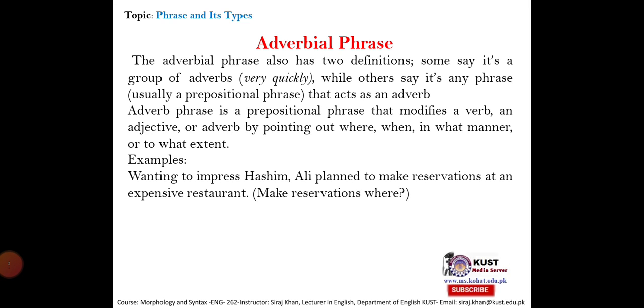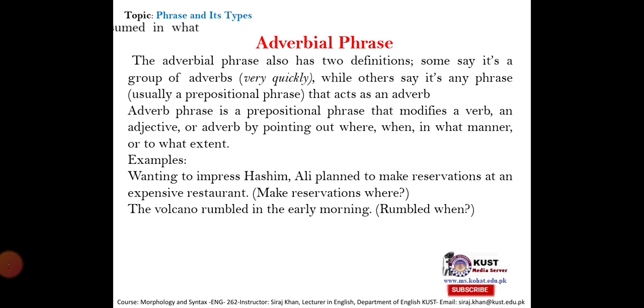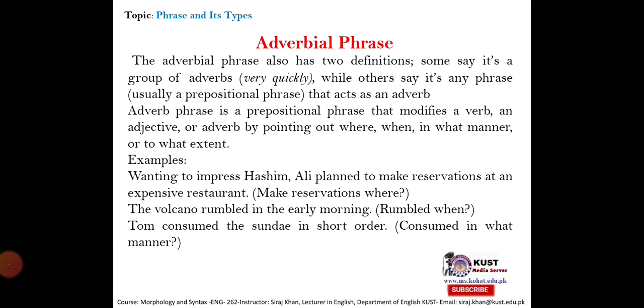At an expensive restaurant. The volcano rumbled in the early morning. Rumbled when? Early morning. Tom consumed the sundae in short order. Consumed in what manner? The shovel bit deep into the earth. Deep, to what extent?